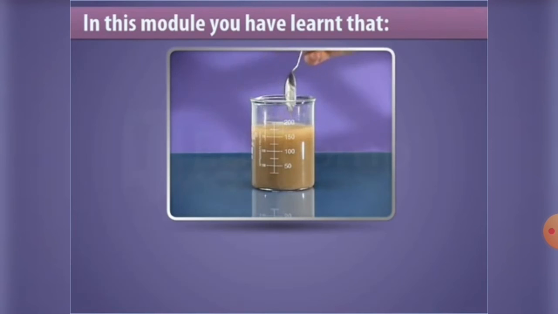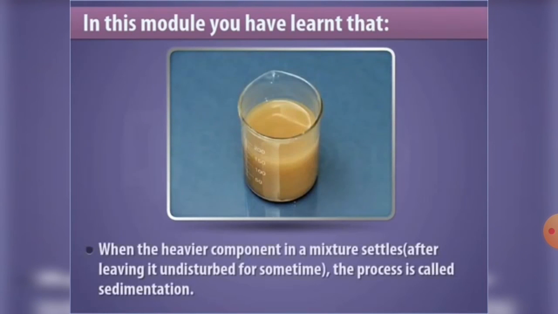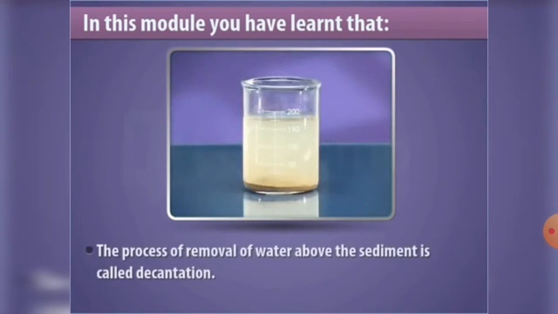So in this module, you have learnt that to get clear water from muddy water, we followed three separation methods. First is sedimentation, where the heavier components in a mixture settle down after some time.